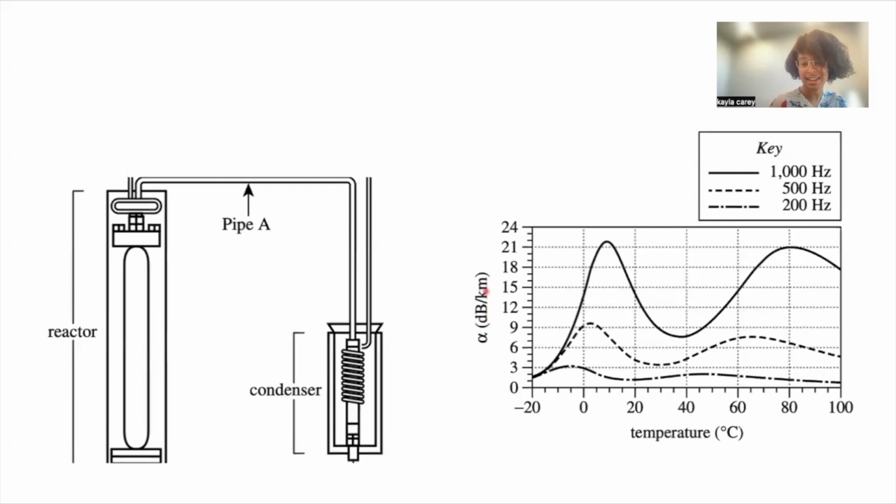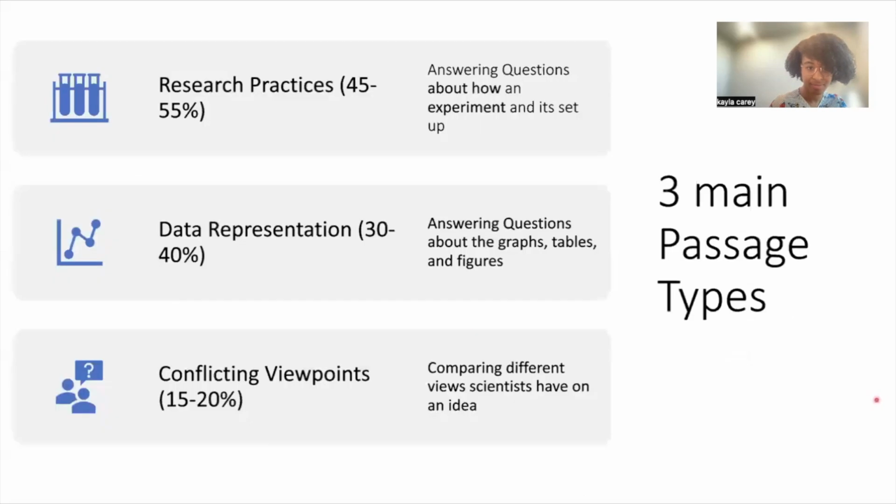All the ACT wants you to tell them is you know the difference between, for example, this completely black line, which we see is 1000 hertz, and this dotted line for 500 hertz, and this line right here, right? Now, there are generally 3 main passage types.